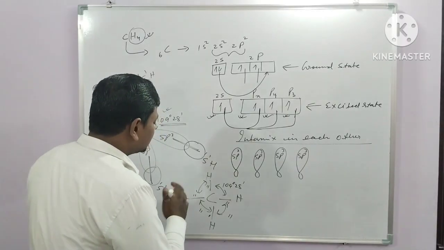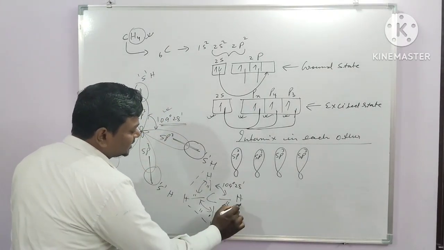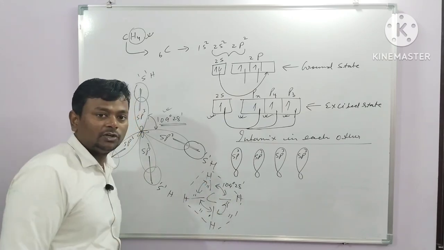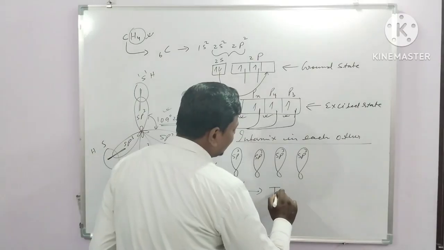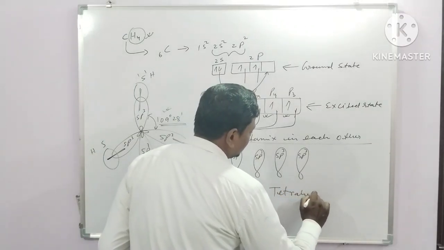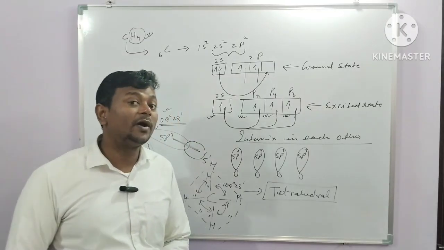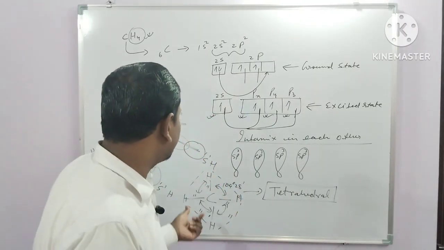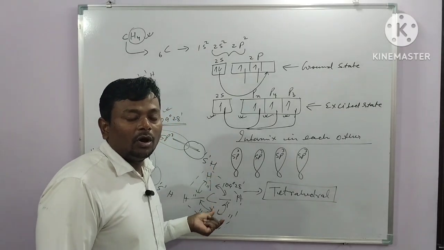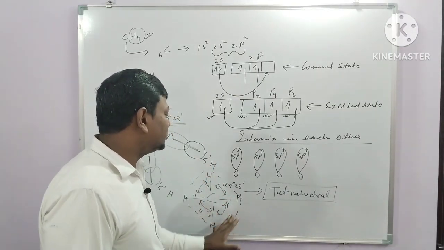With this bond angle, the shape of the molecule is also predicted. The shape of the molecule is going to be what? Tetrahedral. So there are two advantages of this hybridization concept. One is that it explains the bond properties of methane, and the second is that it tells about the shape of the molecule also.